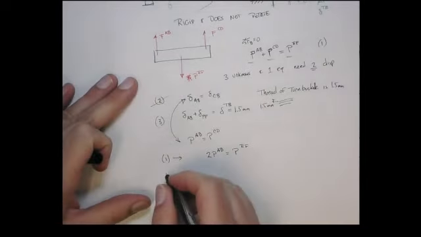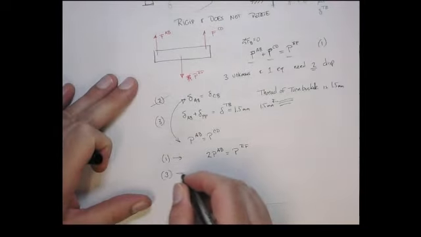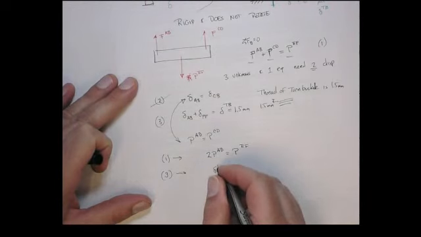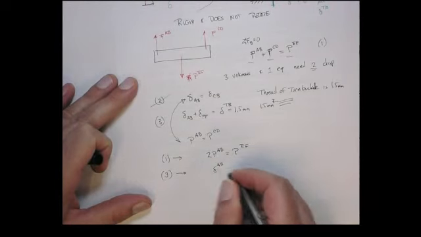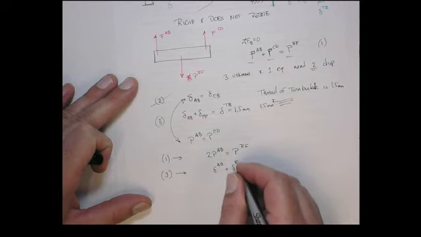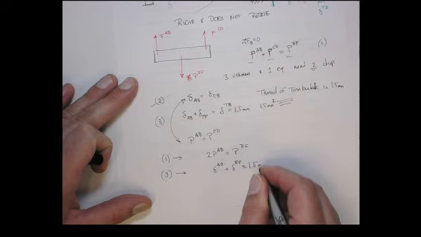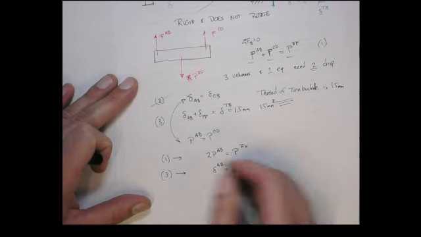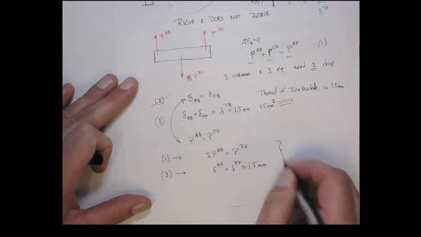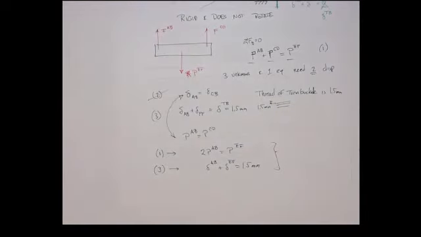And then equation 3 now becomes delta AB plus delta EF equals 1.5 millimeters. Okay? So those are the 2 equations I'm going to use. So I've kind of eliminated 1 equation. All right? Okay. Let me mention something else as well.